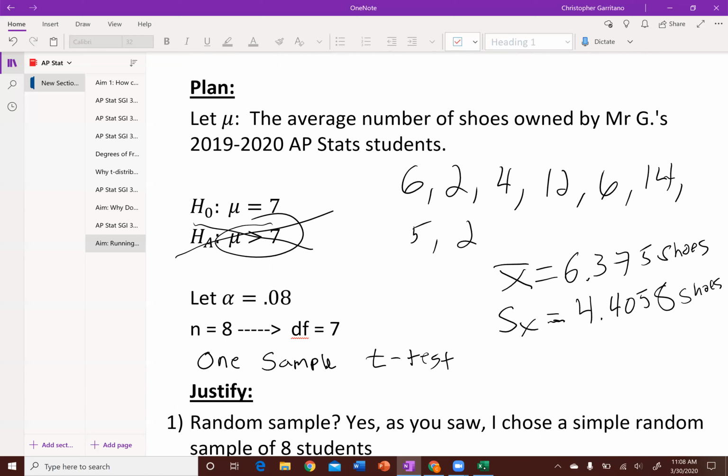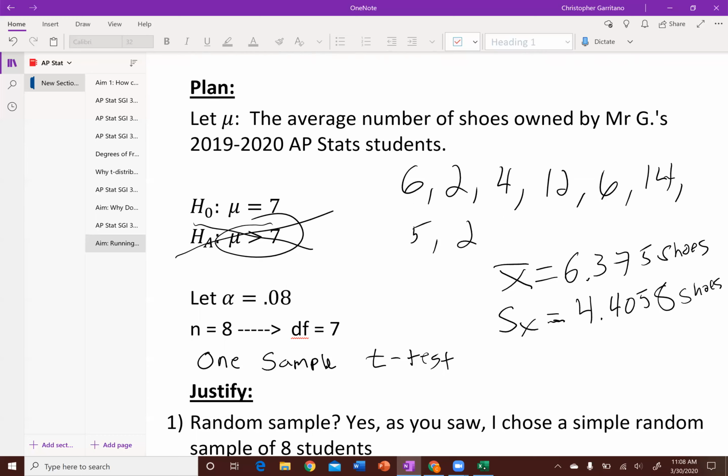All right. Now, if you think this data maybe sheds evidence on some other claim, then you'd have to test that other claim separately. Maybe you want to test a new hypothesis that says mu is less than 7. And you can certainly do that. But we can't make any other claims besides what this specific hypothesis test is telling us.